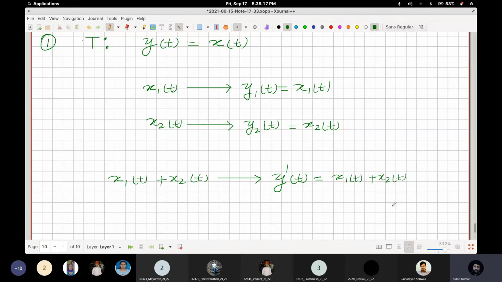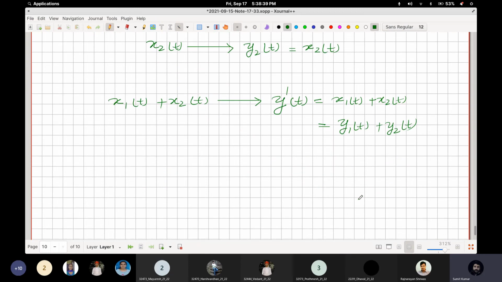So from here you can see that this can be written as y1(t) plus y2(t), isn't it? So your output is equal to y1(t) plus y2(t) when your input is x1(t) plus x2(t). This means that your system is additive.